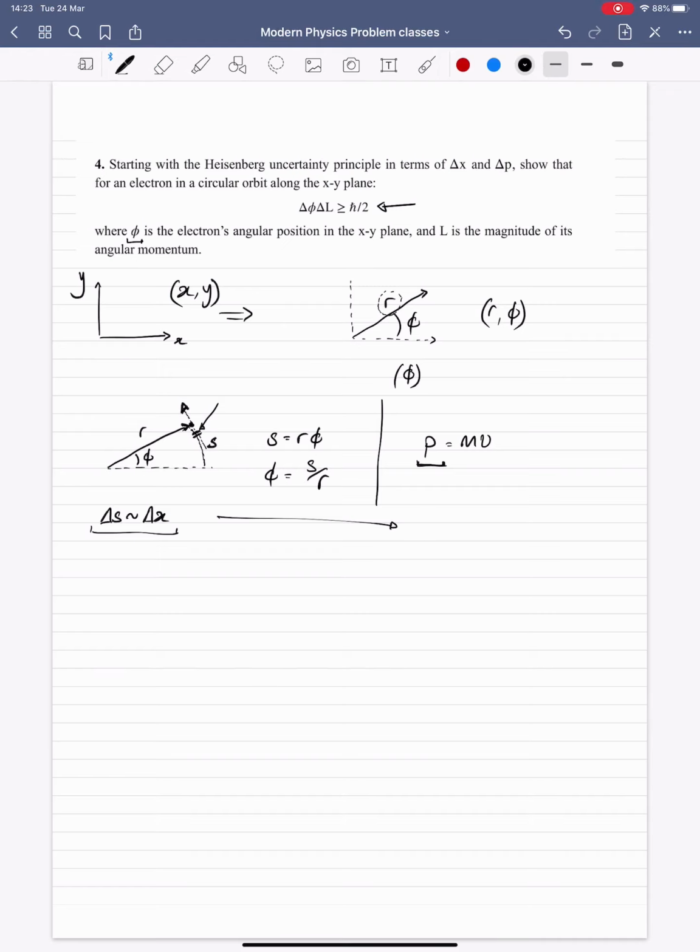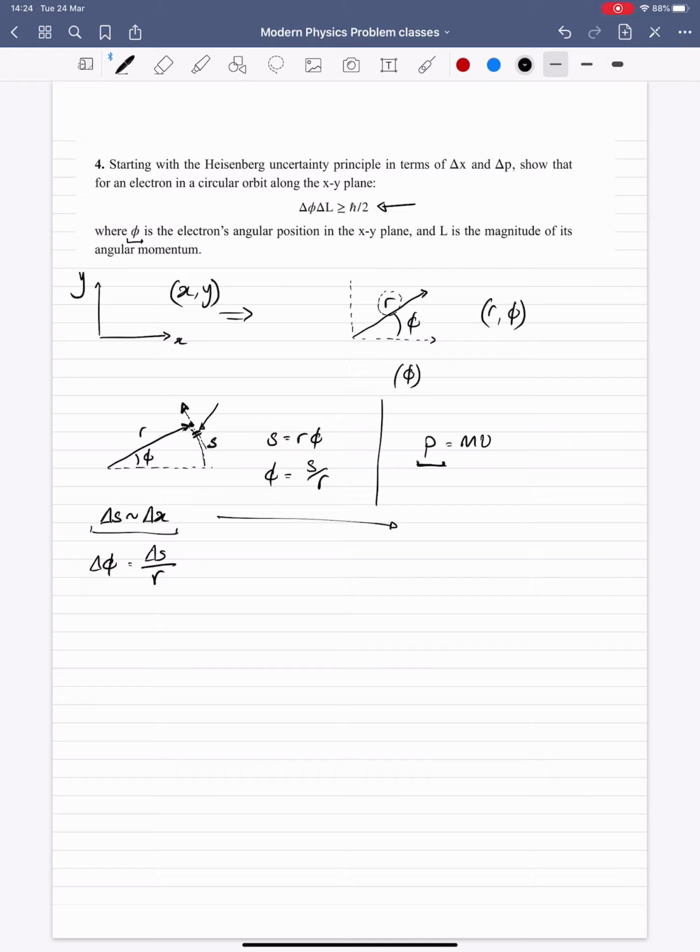As a result, because we're dealing with delta s and not delta x, we also need to take into account delta phi divided by r. Like I said, r we're going to take into account as being constant because we're dealing with stable orbits.